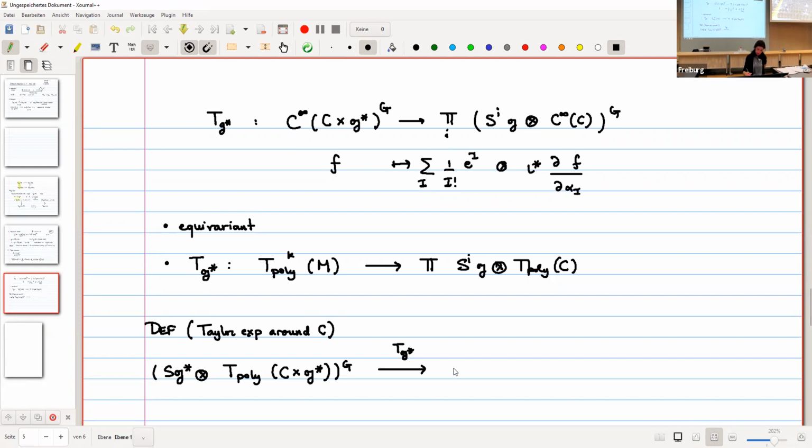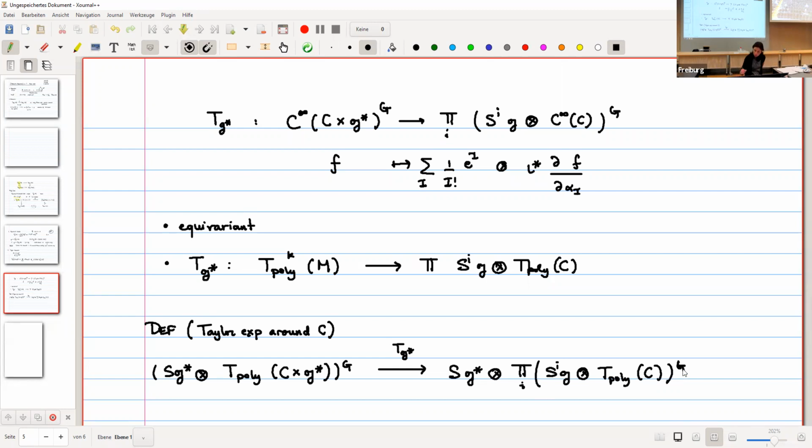And then on the other side, you have S G star cross the expansion that we found, tensor product, this object. Invariant ones.